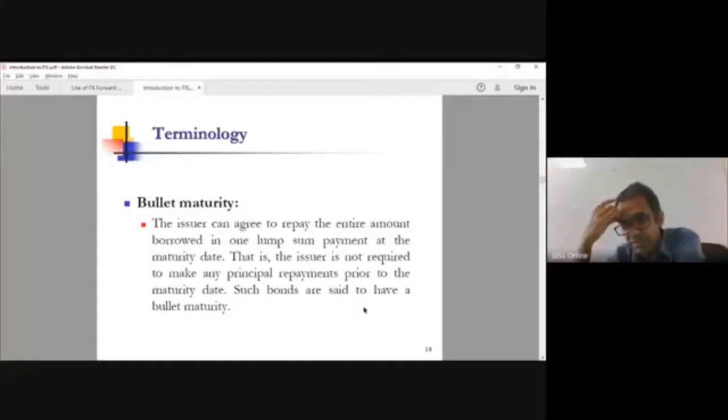But the thing is, whether it's regulated or not, when you do a repo transaction, both parties agree to a haircut. Both parties agree to a haircut to mitigate the risk of the cash lender, that means the reverse repo party. Correct.